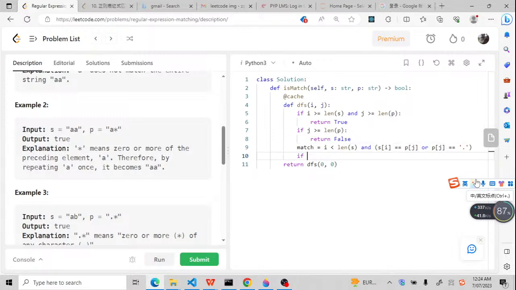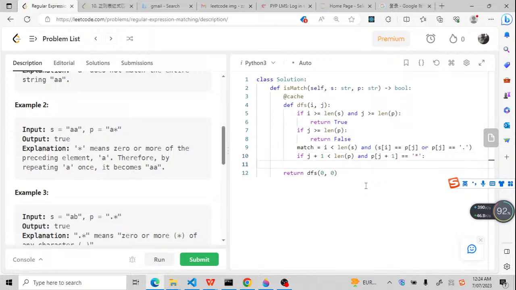If J plus 1 is less than the length of the pattern, and P[j plus 1] equals star.